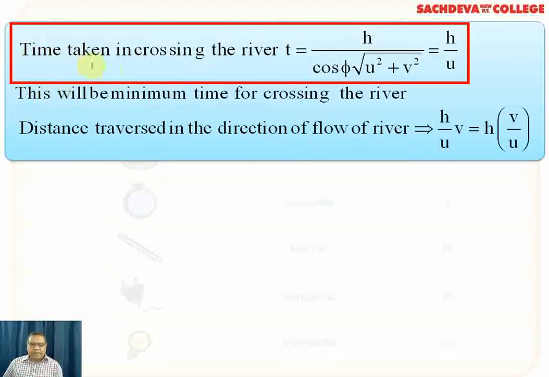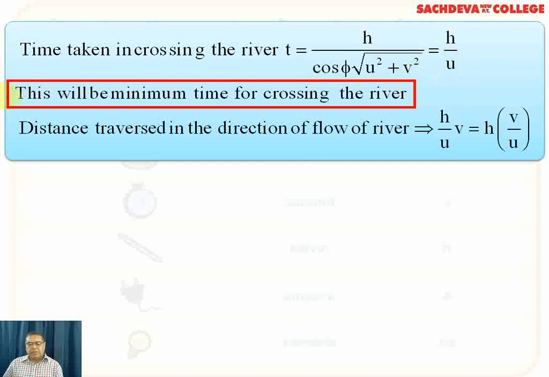Now the time taken in crossing the river, that is t, is equal to h over cos phi under root u square plus v square. u is the velocity of the boat and v is the velocity at which the river is flowing, and that is estimated to be h over u.